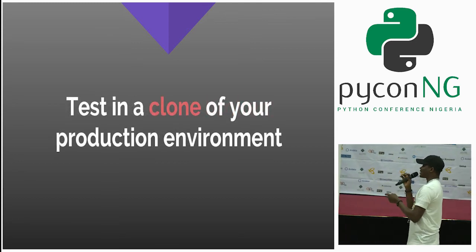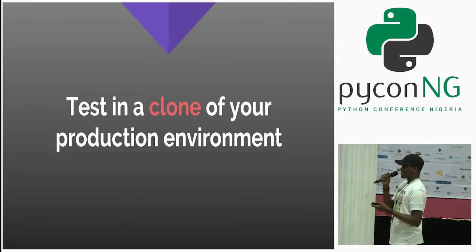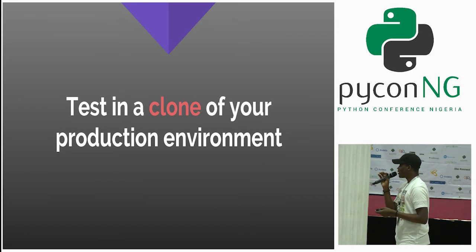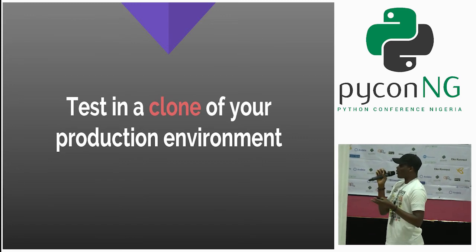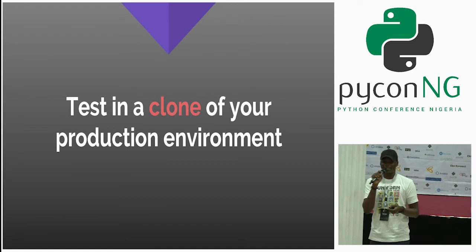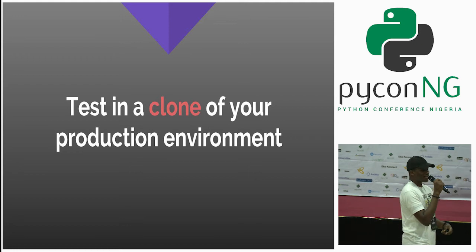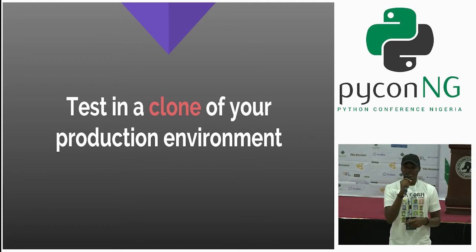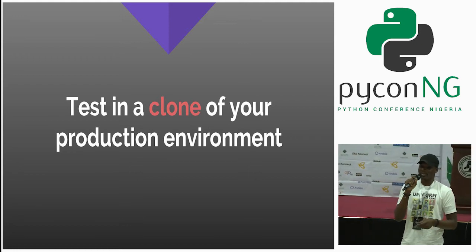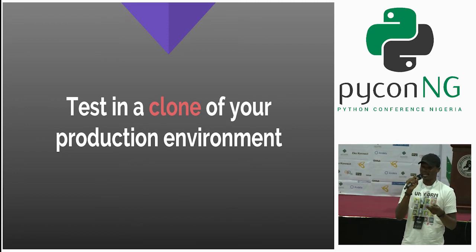So then this one is also very important. I'll use Django as an example. When you are working with Django, I think even the documentation advises you to test with SQLite. But I don't think that's actually proper. I believe if you are using Postgres in production, you should test on Postgres, because SQLite is not SQL compliant.